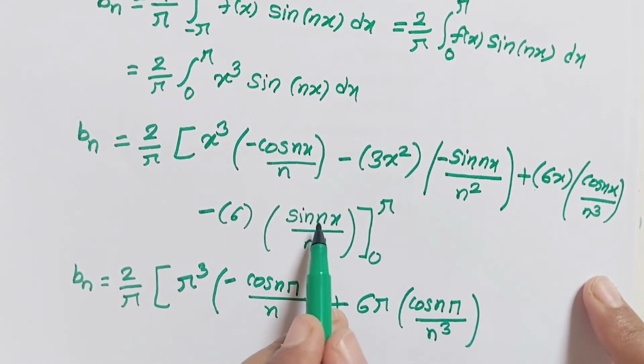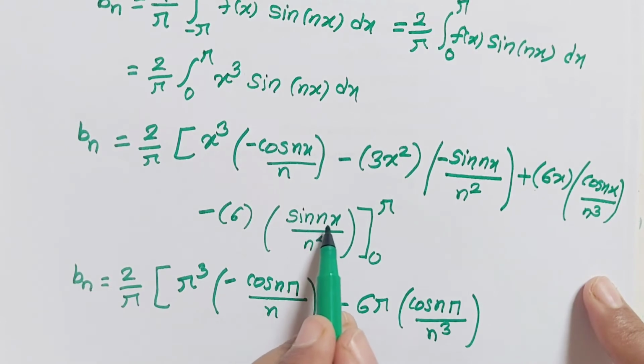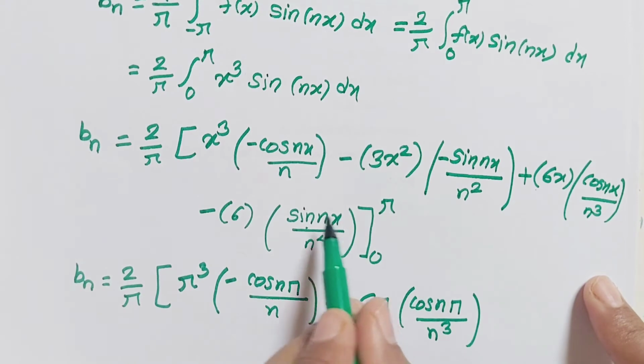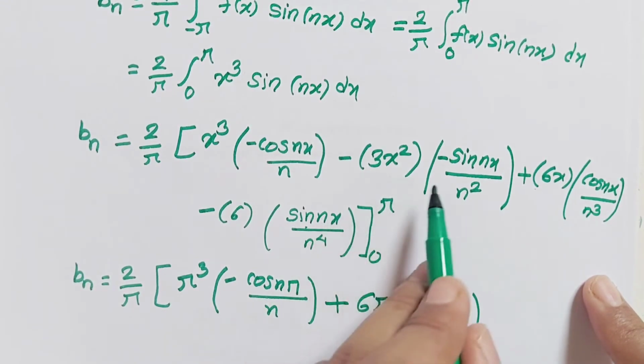Here if we put x equals pi, sin n pi is 0, that means here again this term is 0, so no need to write the 0.